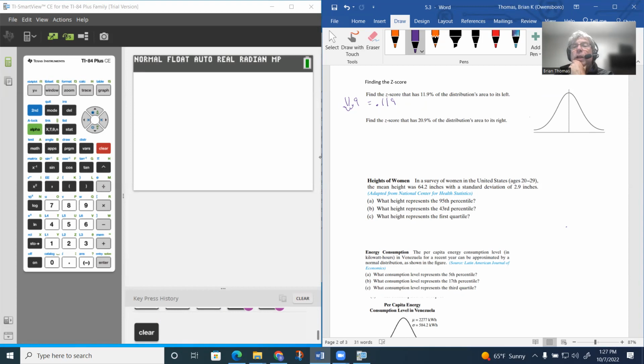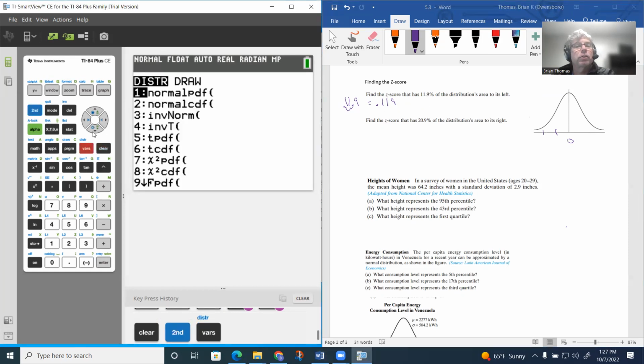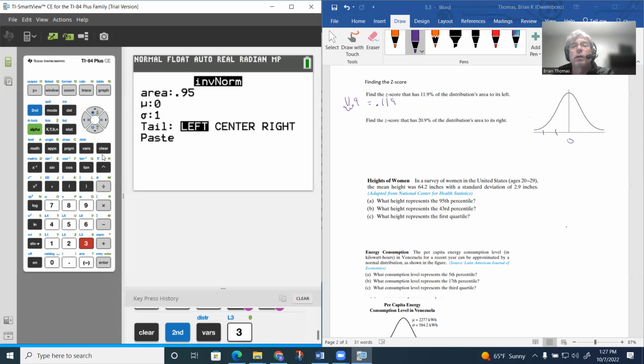So that 0.119, because like I said, this is 0 here. Here's 1. I'm sorry, here's 2. This is the area of the curve though. So the area of the curve is this 0.119. We're just trying to find the z-score that goes with that. So let's see, second distribution, number 3. So again, it said left of the 11.9%.